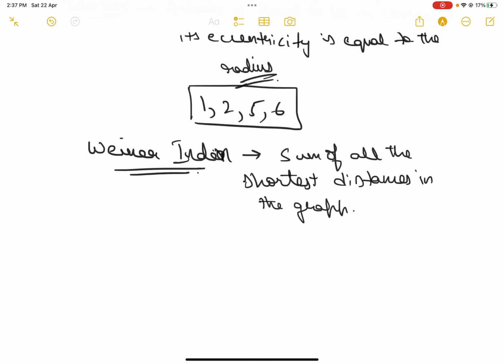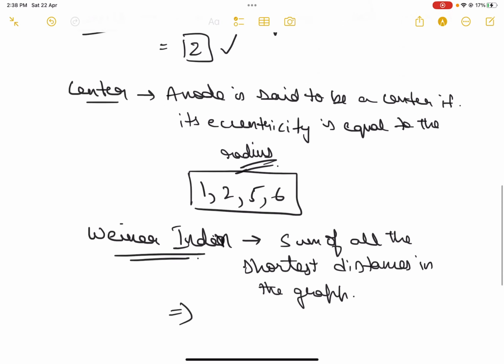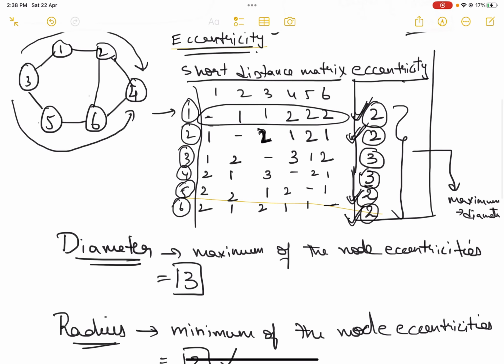Okay, so the sum of all shortest distances is, in our case, basically the sum of all the values that are there in this table, right?